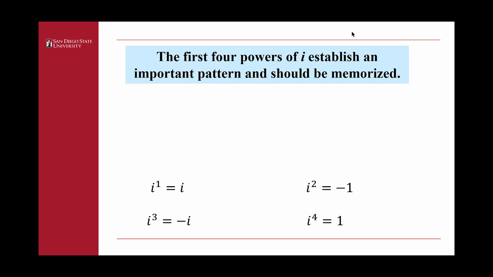So the pattern turns to the initial position and will start again from i to the 1. This pattern should better be memorized. Powers of i build a cyclic pattern that repeats itself in every fourth power.